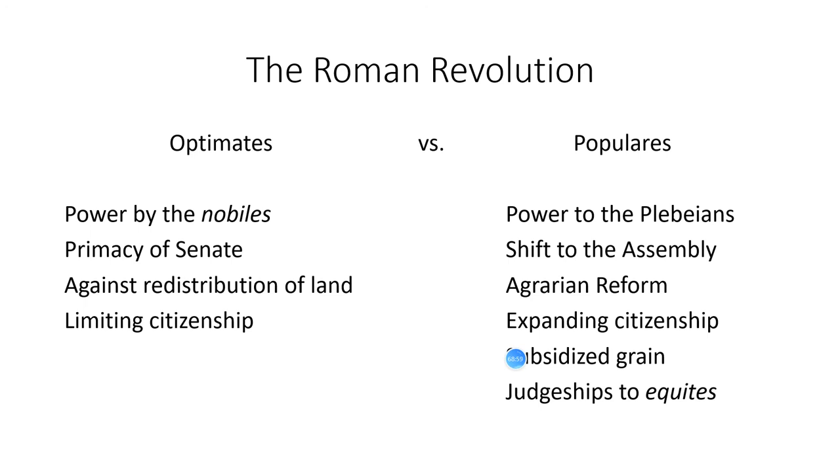Another one was corruption. The Senate would appoint governors to the new places that had been conquered, called provincia or provinces, and they were appointed for 5 years. And during those 5 years, they had something called the fiscus, which was a basket, and that was their budget. And the law says that this money has to be utilized in administration for 5 years.